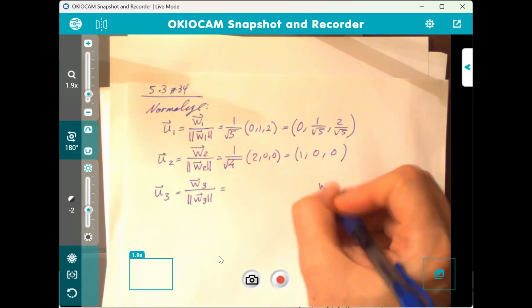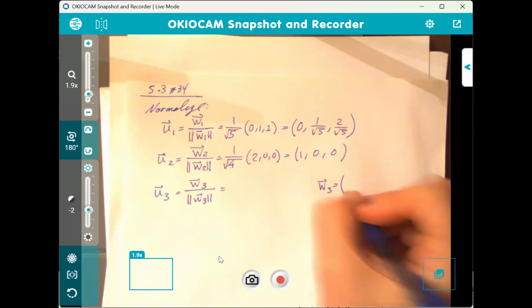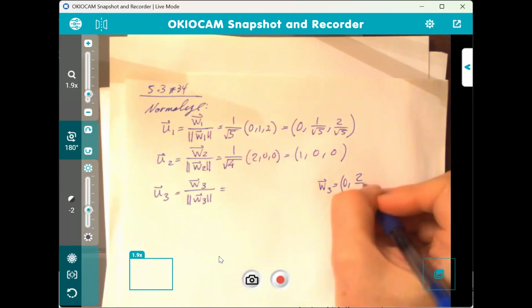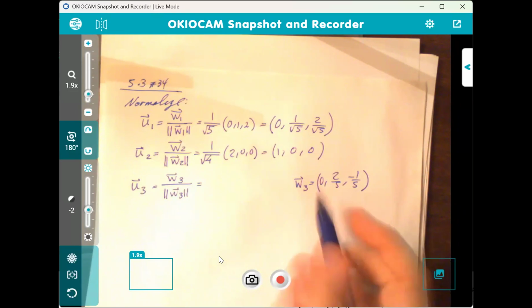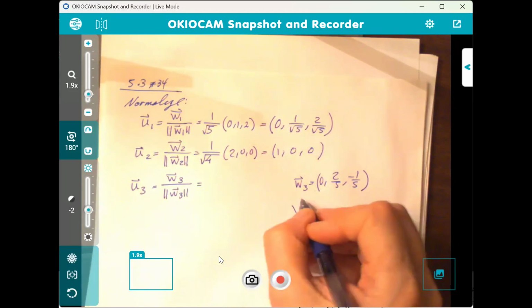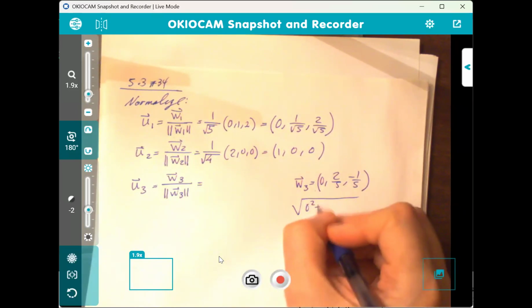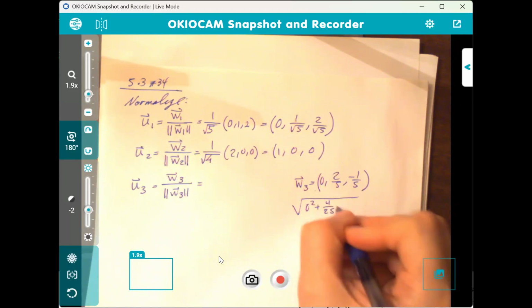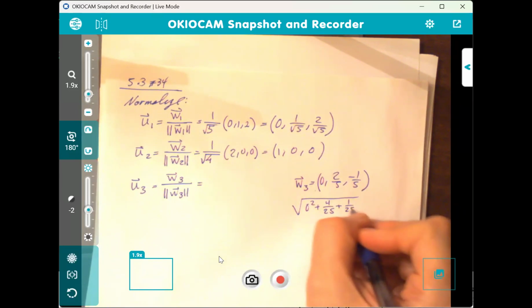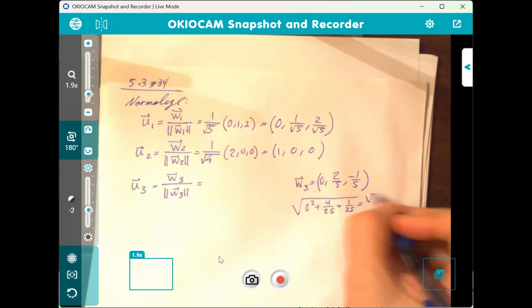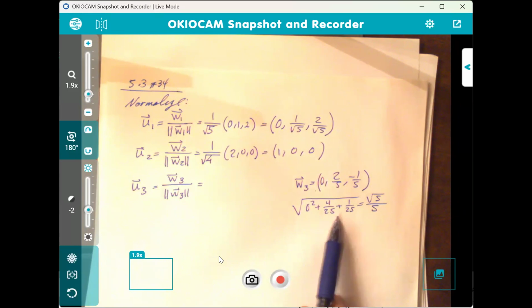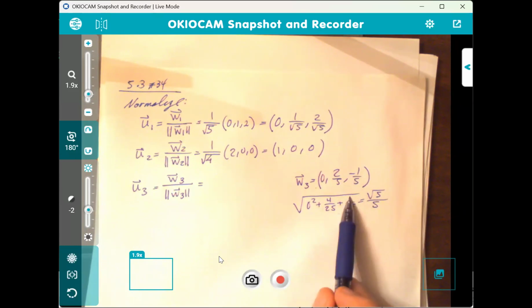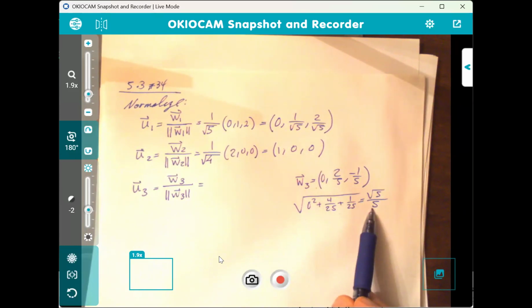This was W3, folks. W3 was 0, 2/5, negative 1/5. The magnitude of W3 would be square root of 0 squared, 4/25, 1/25. So it's 5/25, right? You can break it into root 5 over square root of 25, which is 5.